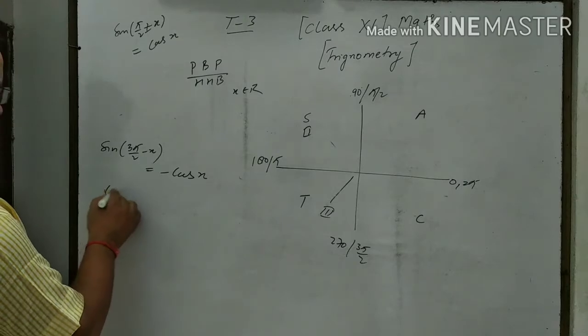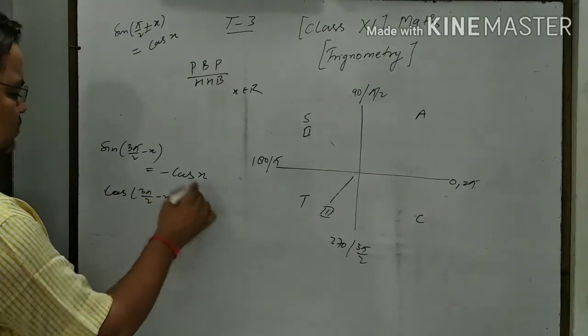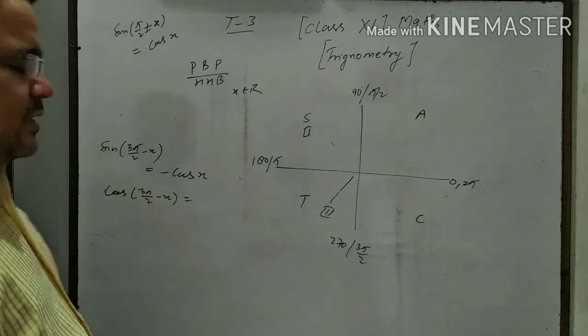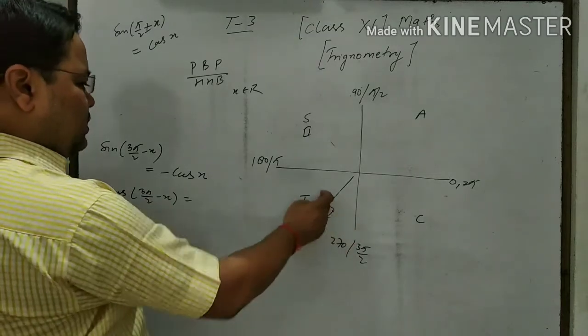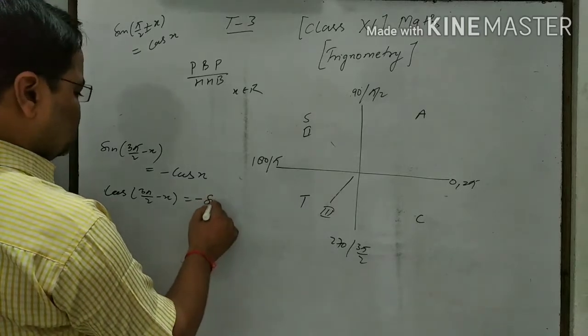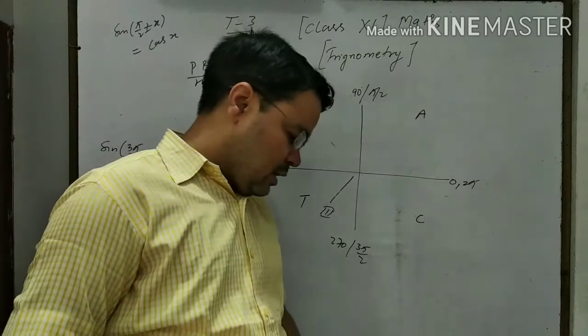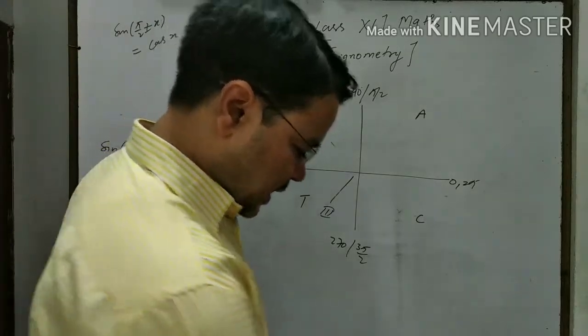Similarly, here cos of 3 pi by 2 minus x is what? Again it will be in the third quadrant, and in the third quadrant it will be negative. It will be minus sin x. Cos(3 pi by 2 minus x) is equal to minus sin x.